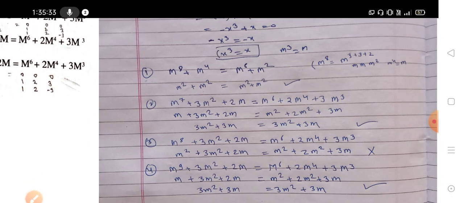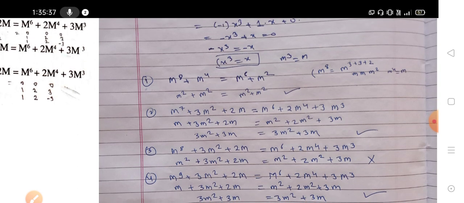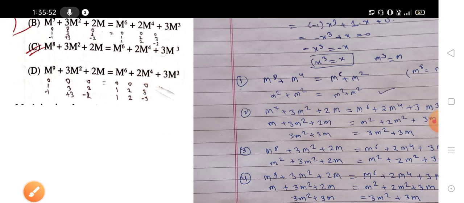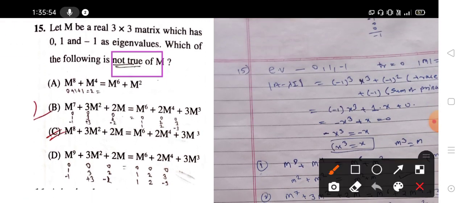M raised to 4 is M cube times M, which is M square. And M raised to 6 is also M square. Finally we get equality. Therefore option A is true, and since the question asks which is not true, this is not the answer.